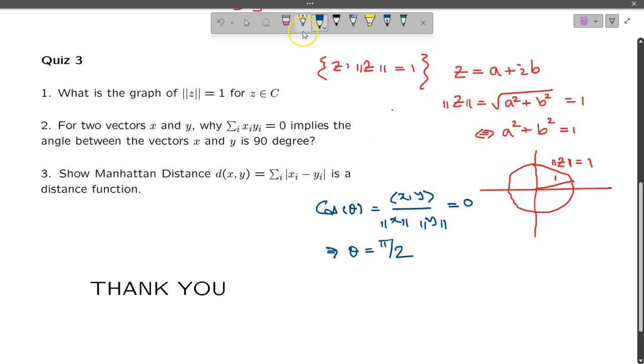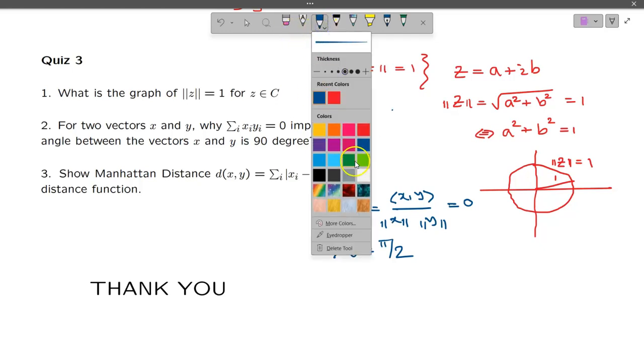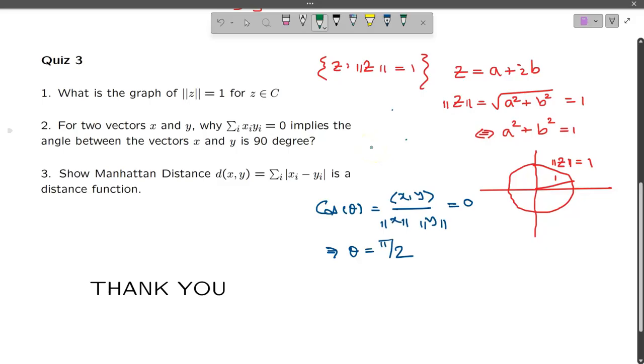Okay, the third question. The Manhattan distance d(x,y) equal to the sum over i of |xi minus yi| is a distance function. We have three properties of a distance function. d(x,y) for the Manhattan distance, the sum of the absolute values, is greater than or equal to 0, and equal to 0 implies xi equal to yi for all i.